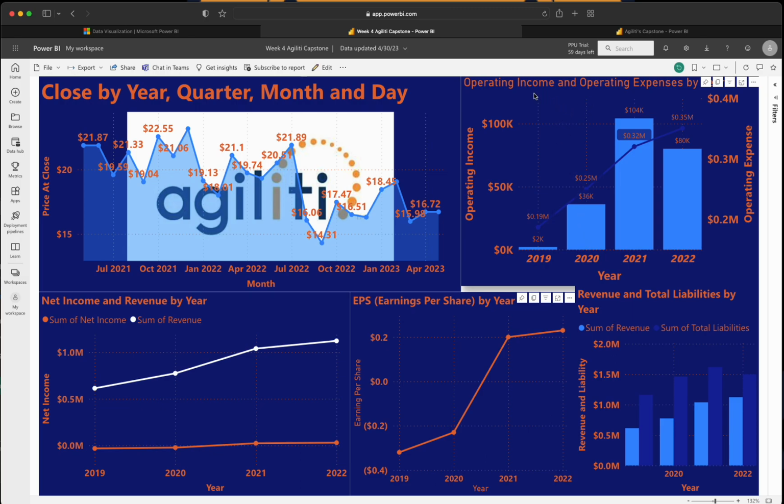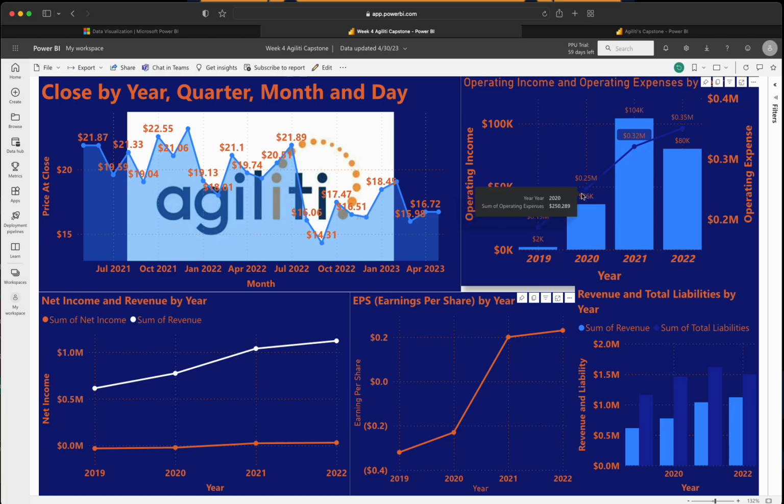Here's your operating income versus operating expenses. As you can see, this blue line here is your operating expense. So as you see, your expense is more than your income. I mean, we've got to catch up on some things.